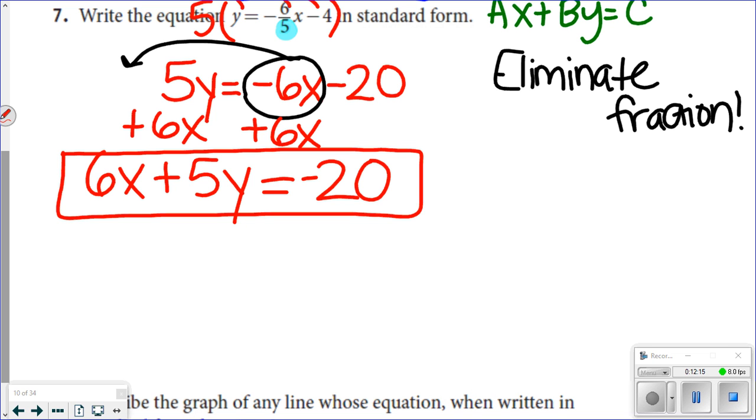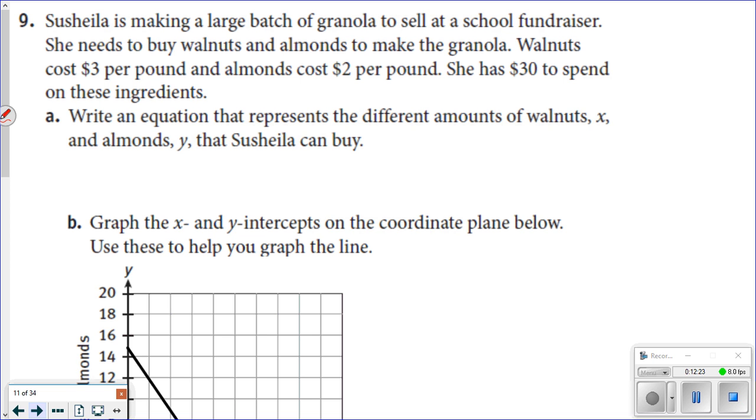All right, we're going to skip question 8 and jump to a story problem in question 9. Standard form is really good for a story problem when you're buying two different things and you have a certain amount of money to spend. So we have Sushila, who is making a large batch of granola to sell at a school fundraiser.